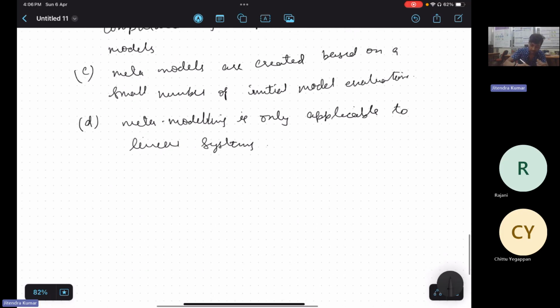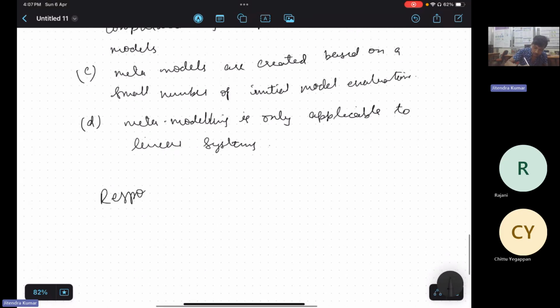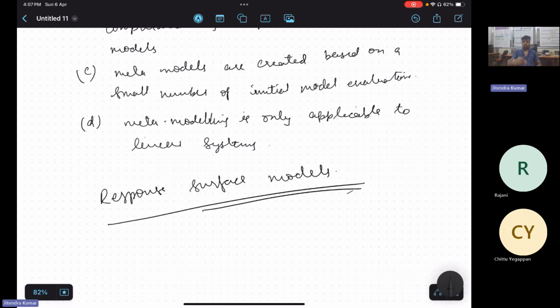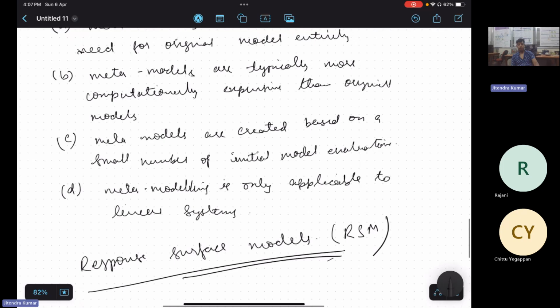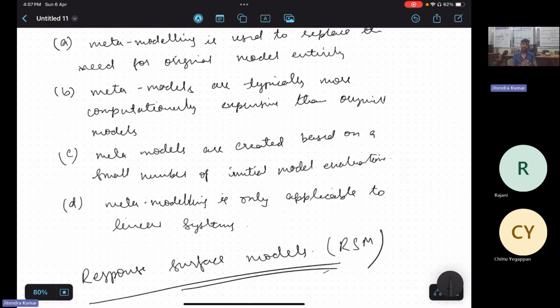You could go and search for response surface models, which is also very famous with the name of RSM. What happens with such models is that you could see the entire range, like where your output will lie if you change these parameters, right? In that way it is very helpful, and these meta models are really useful in optimizing your machines.